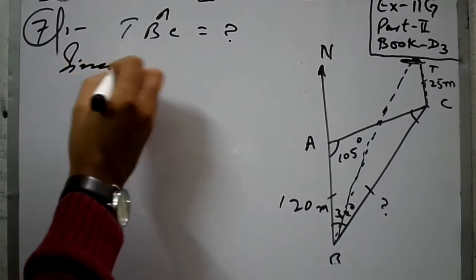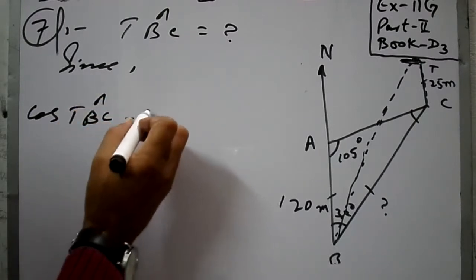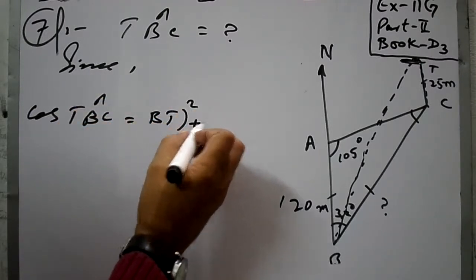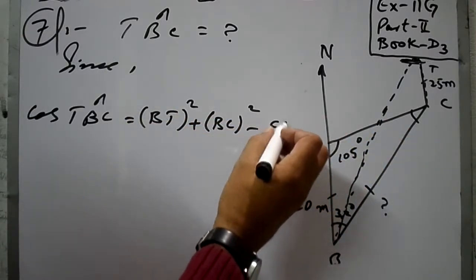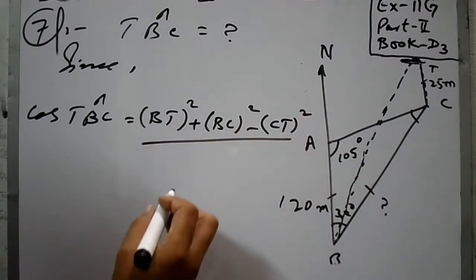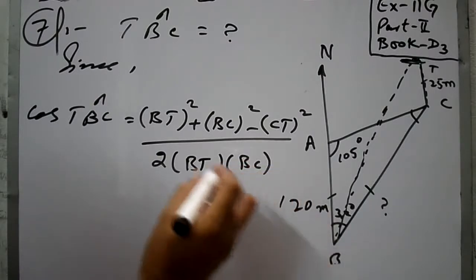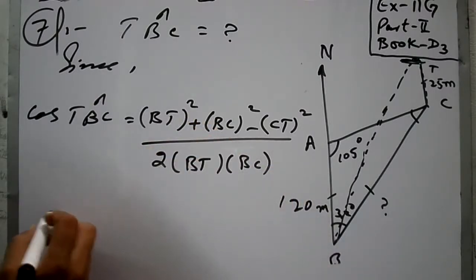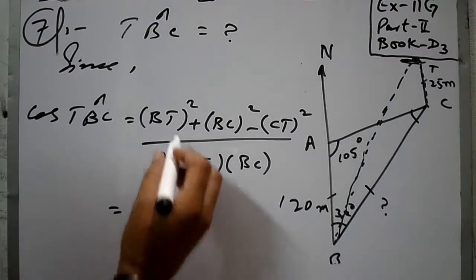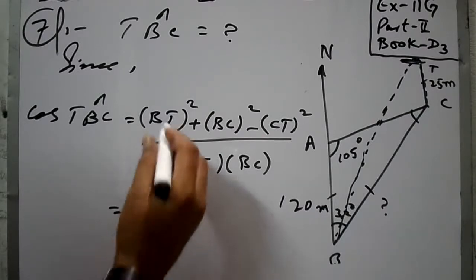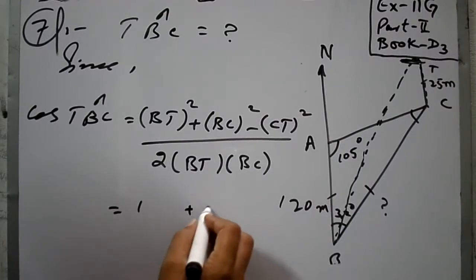Since we have the formula, that is cos TBC is equal to BT square plus BC square minus CT square, divided by 2 BT and BC. If we see the figure carefully, we have BC as 170 and CT as 25, but we don't have the value of BT.